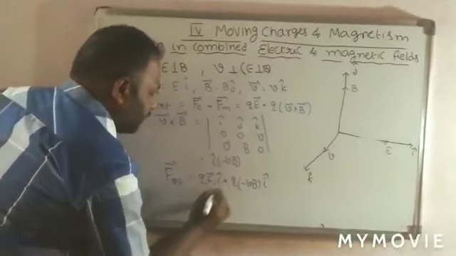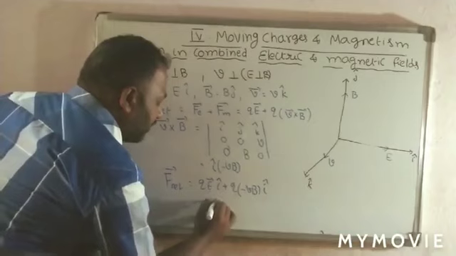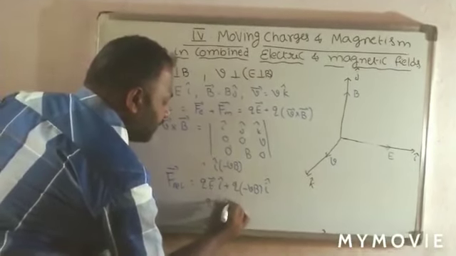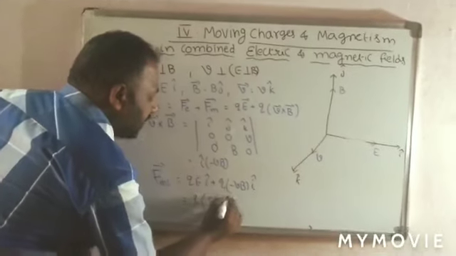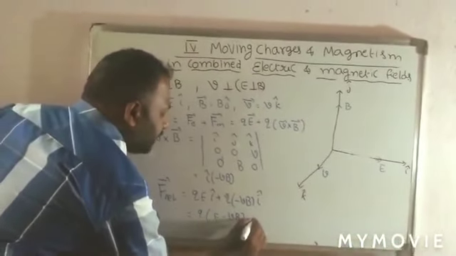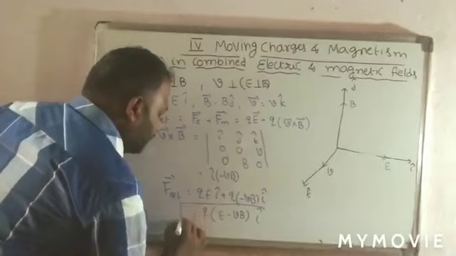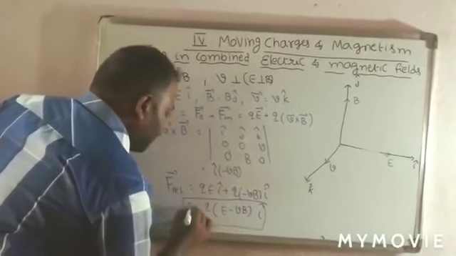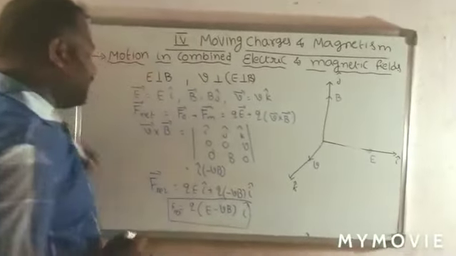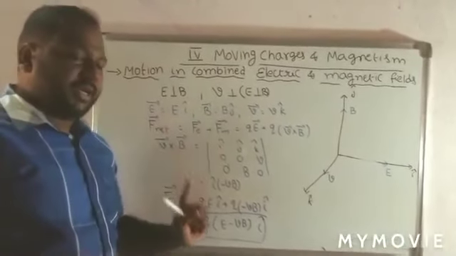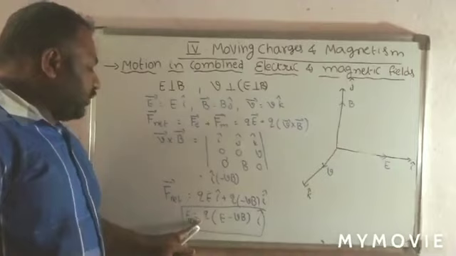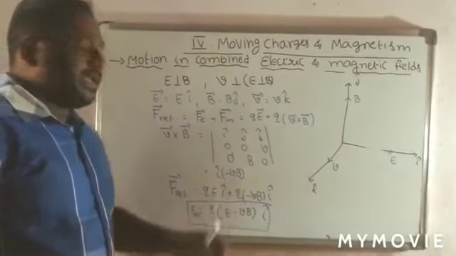Taking Q as common, we get Q into E minus VB along the i cap direction. So this is the net force acting on a charge when it is placed in combined electric and magnetic fields, that is Q into (E minus VB) i cap.